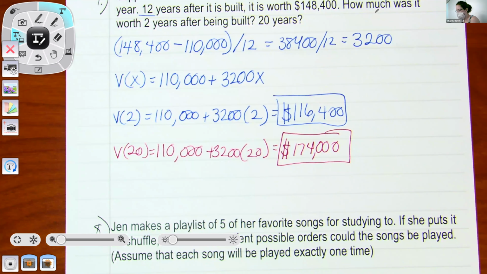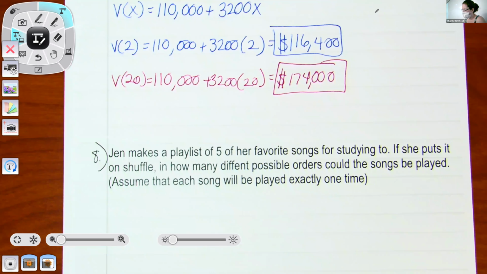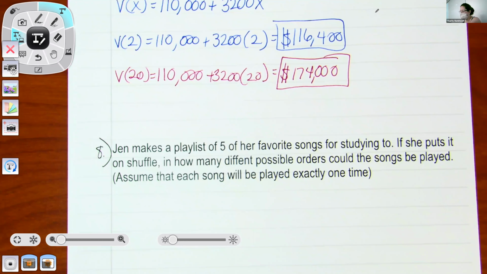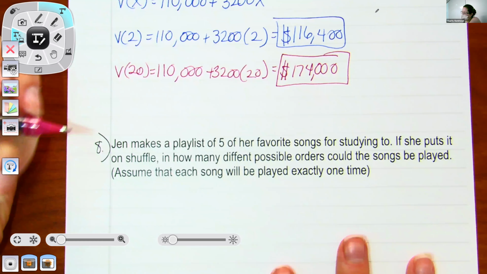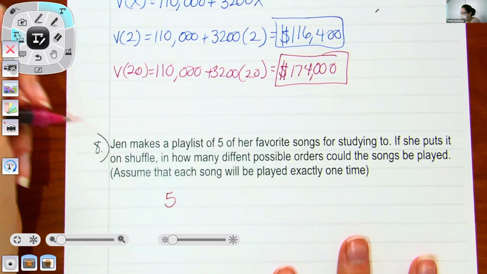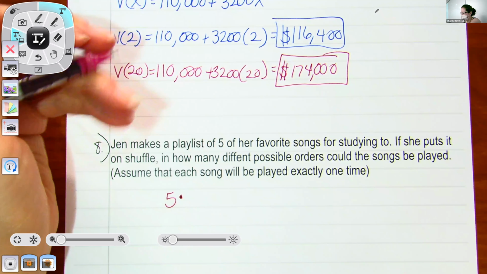Number 8, Jen makes a playlist of 5 of her favorite songs for studying to. If she puts it on shuffle, in how many different possible orders could the songs be played? Assume that each song will be played exactly one time. So you have 5 songs, so there's 5 possibilities for what the first song played is. And then if each song is only going to play once, then for the next song, there's only 4 possibilities.